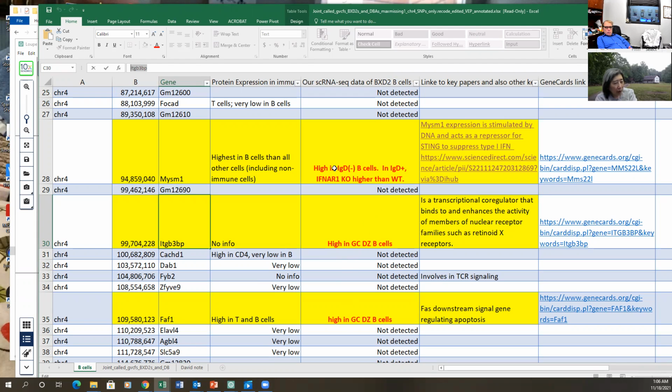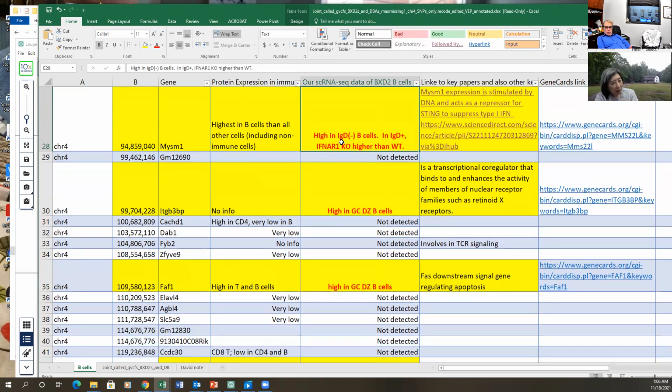But this one, you do see, at least functionally, one mechanism for why knocking out the interferon receptor has such a good effect. Interferon itself provides a positive feedback loop, but if you have this gene, it will stop that positive feedback.